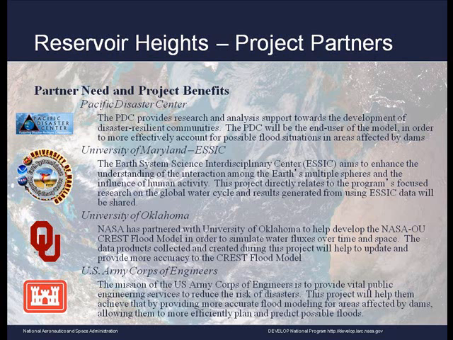Project gauge data was obtained from the U.S. Army Corps of Engineers, while satellite data was obtained from NASA's Jason-2 satellite. The Pacific Disaster Center will be the end user of the model in order to more effectively account for possible flood situations in areas affected by dams.